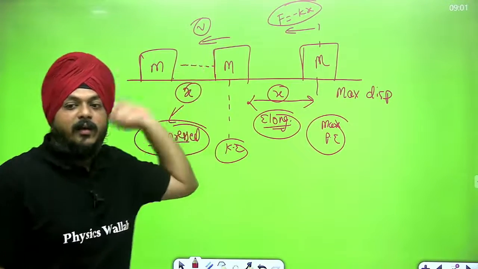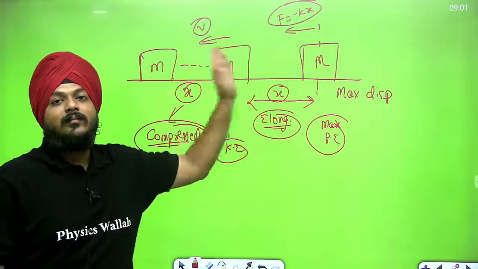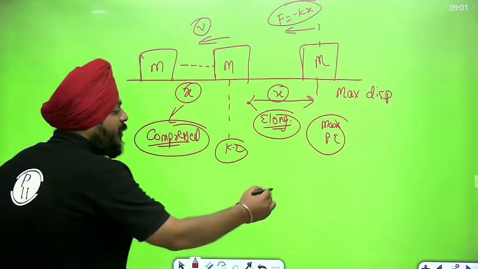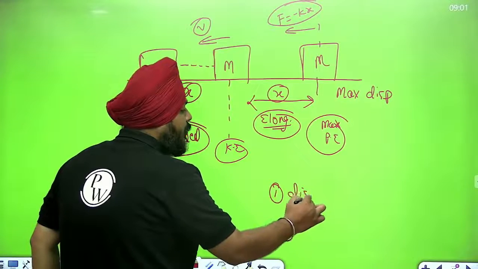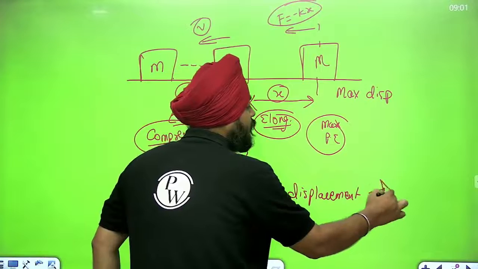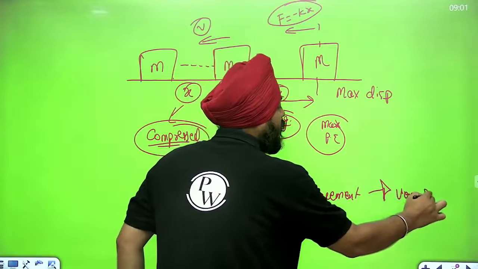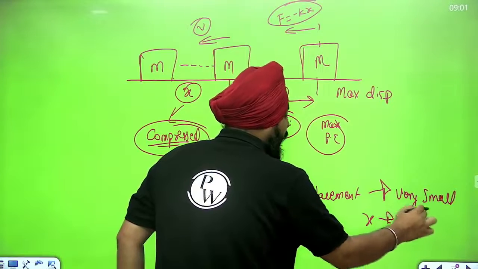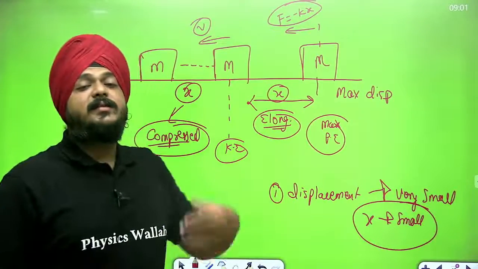So like that way. Now what is the difference between SHM and oscillatory motion? In SHM the displacements are quite small, the value of x is quite small. If the value of x increases, then it is an oscillatory motion.